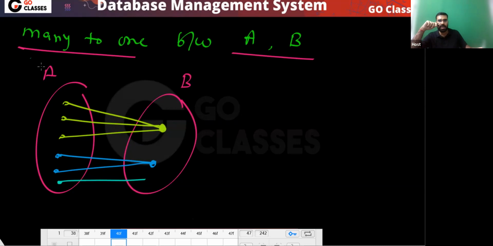Because from A, many people will be related to one people, since it is many to one between A comma B. But from the B side, one person would be related to many people. This type of situation cannot happen.